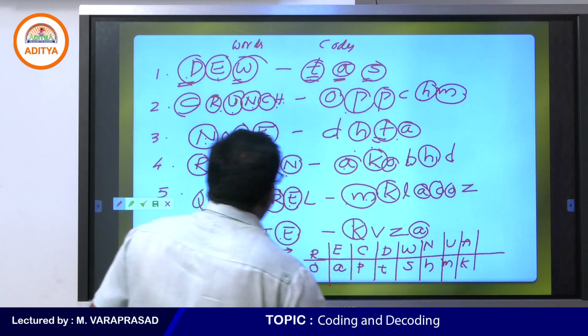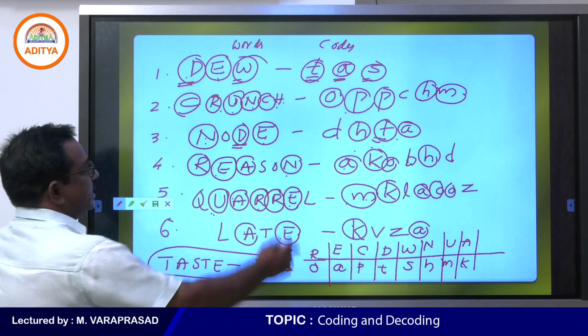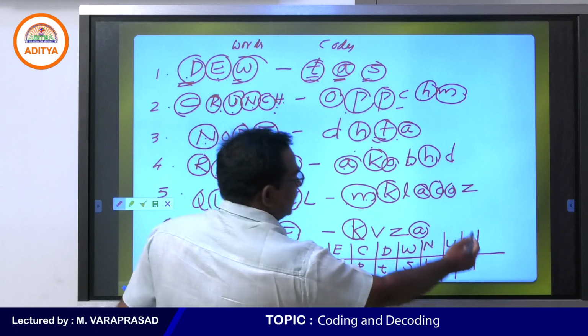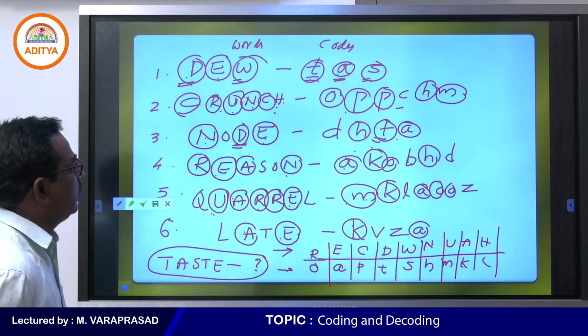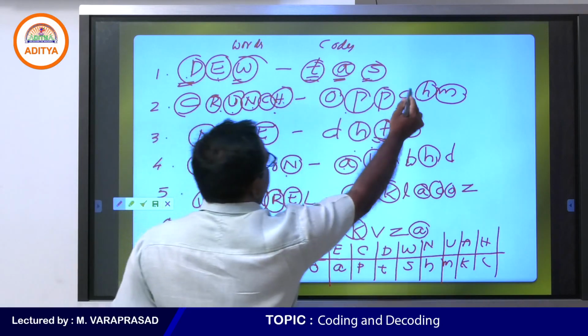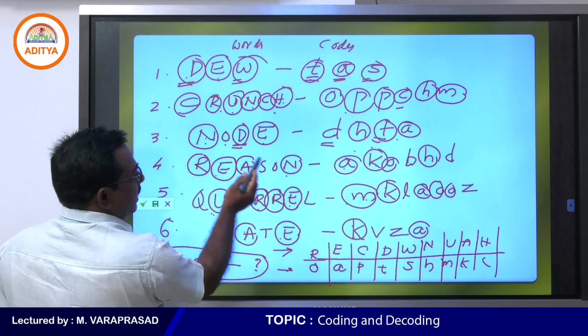So still what letters are there here? H is there, only one letter, C is remaining. H means C. Next one, here only one letter, D is remaining. O is there here and here.